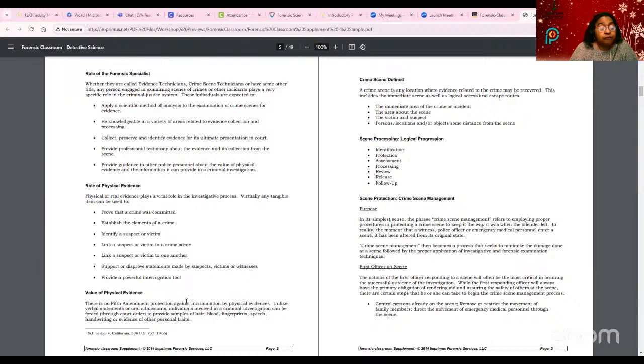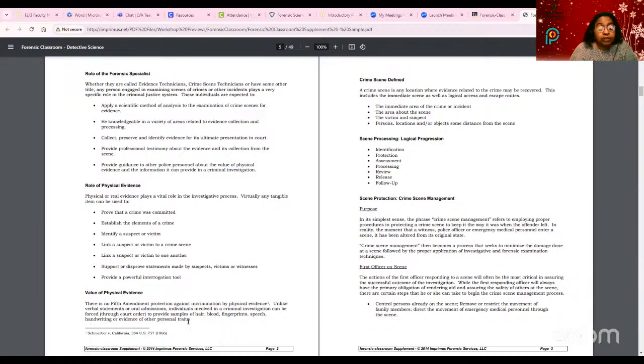There's no Fifth Amendment protection against incrimination by physical evidence unless verbal statements or oral admissions. The individual involved in a crime investigation can be forced through a court order to provide samples of hair, blood, fingerprints, speech, handwriting, or evidence of other personal traits.